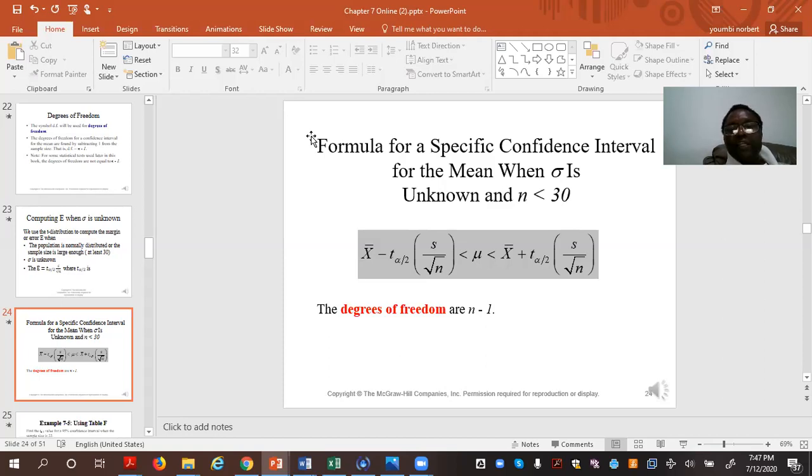What you don't know is T alpha over 2. N is the sample size, 15. That T is what we will go to page 652 to get.